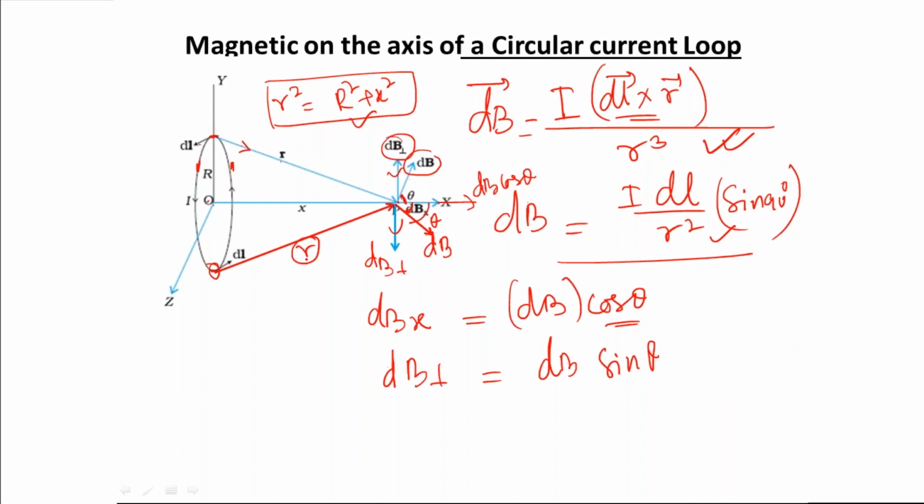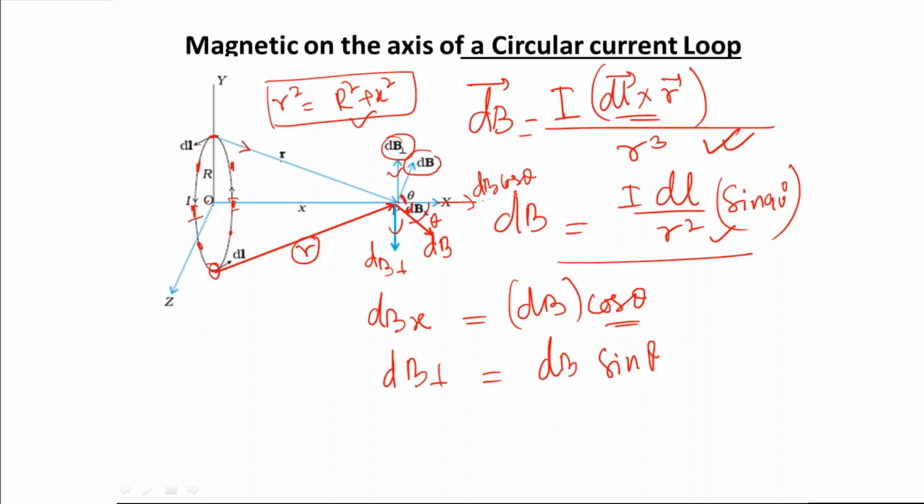As you can see, if you take symmetric dL elements everywhere, the perpendicular component will cancel each other for any element you take, but you have to take the symmetrically opposite one.